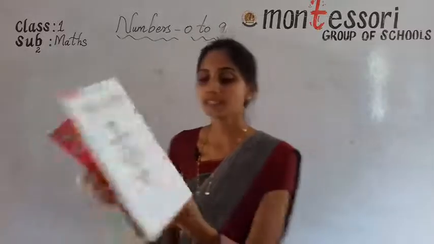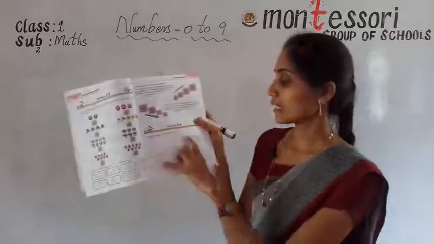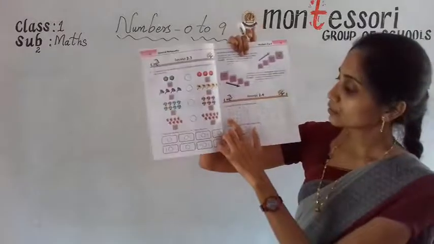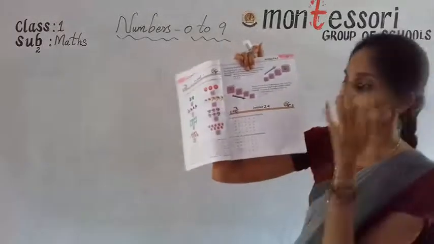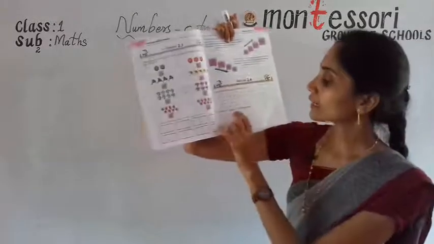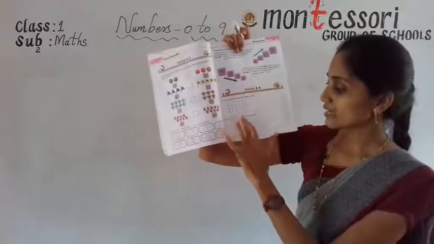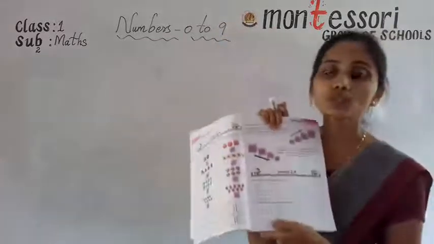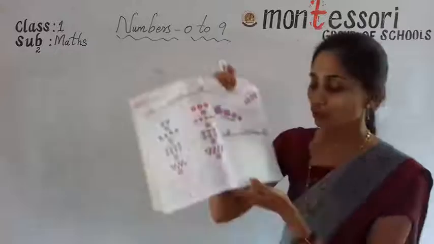So, in ascending order, first 3 I have done for you. You have to copy it here, and remaining 2 you have to do it yourself. And second, arrange the numbers in descending order. First 3 we have done, and remaining these 2 you have to do yourself.